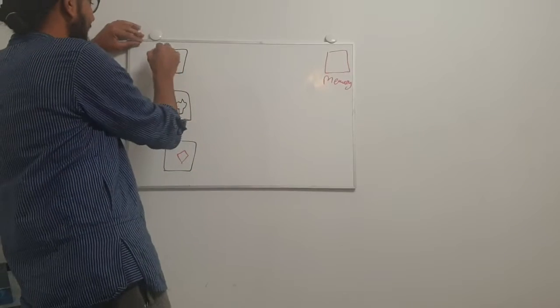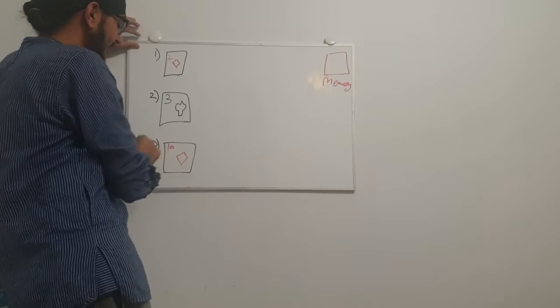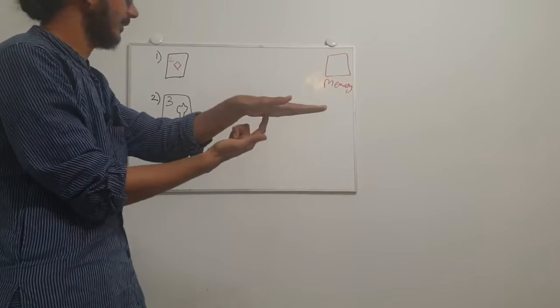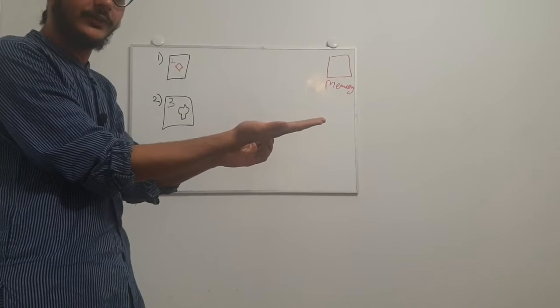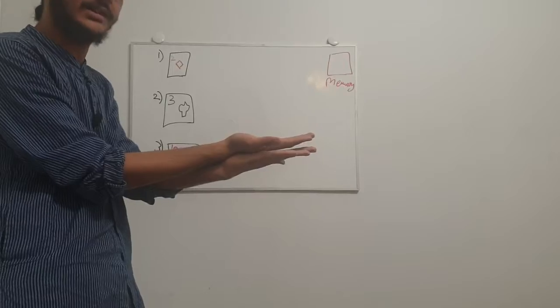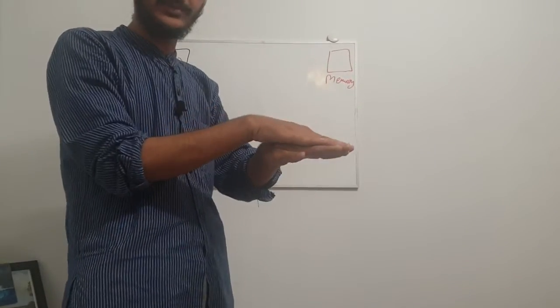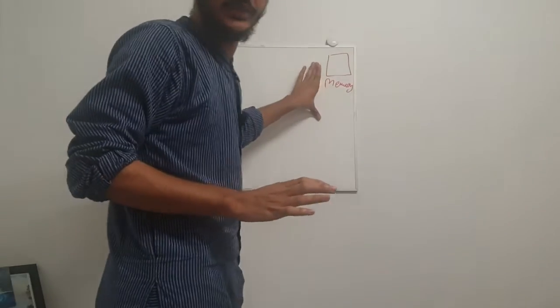So I will be saying this is my first card, this is my second card, and this last one is the third card. This is the first one, 2 of diamonds, this is the second one, 3 of clubs, this is the last one, 10 of diamonds. So this is how I have put my 3 cards in the real world. Now I need to convert this data into the real memory.